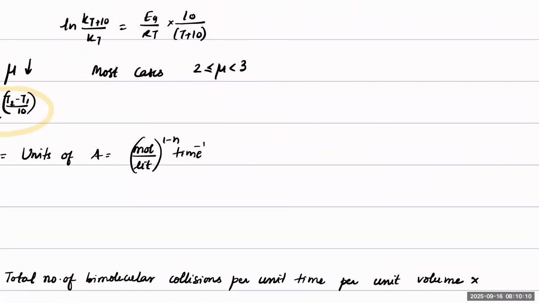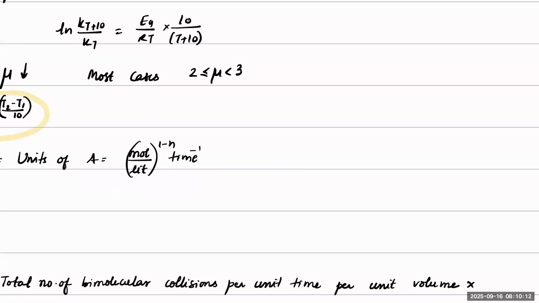Suppose for every 10 degrees there is a rise. Let's say I started with 10 degrees Celsius to 20, to 30, to 40 degrees Celsius. At these temperatures the rate constants are K1, K2, K3, and K4.